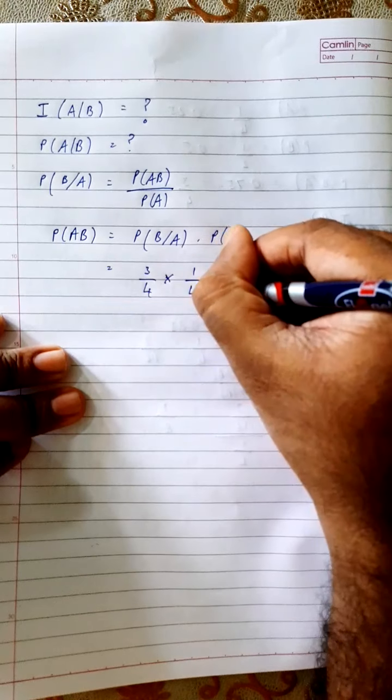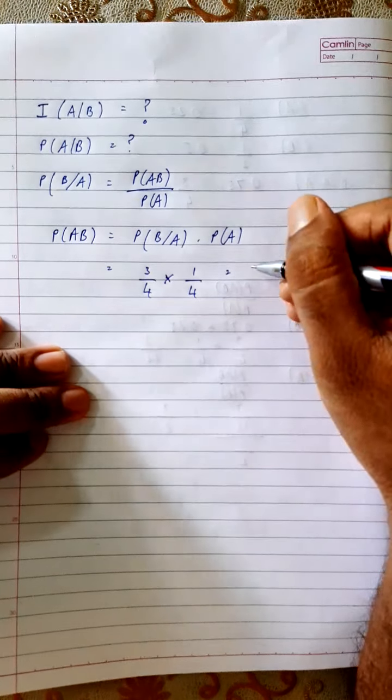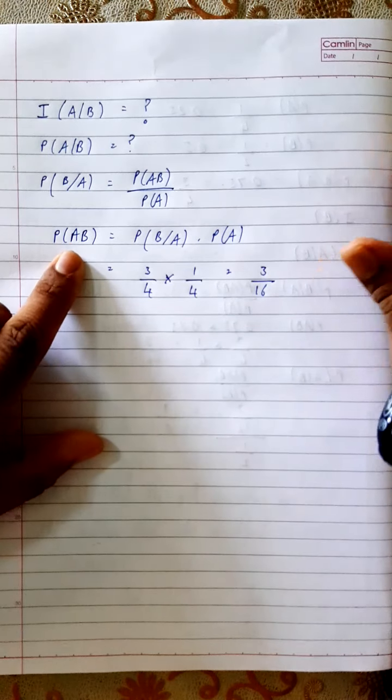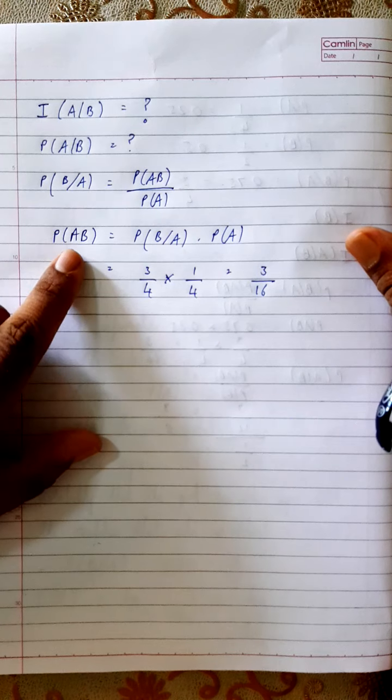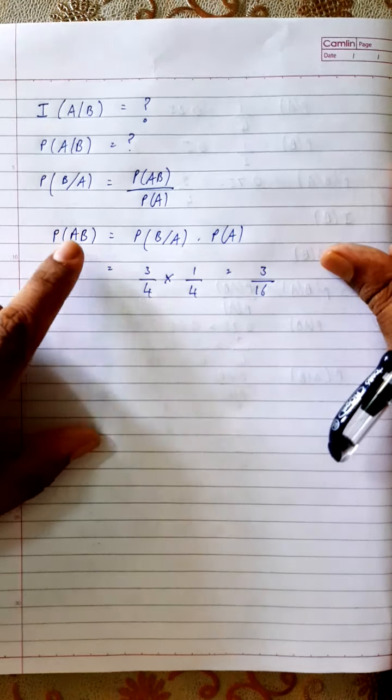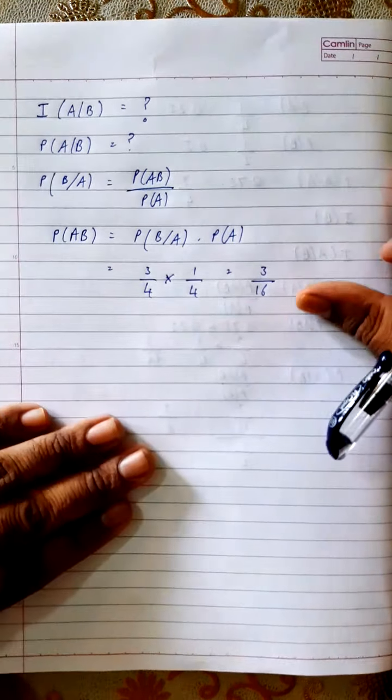Therefore, the joint probability P of AB is 3 by 16. P of AB means the probability that the girl is blonde and has blue eyes.